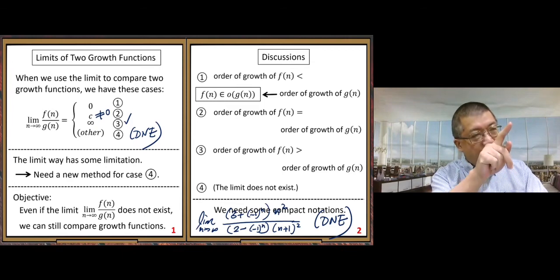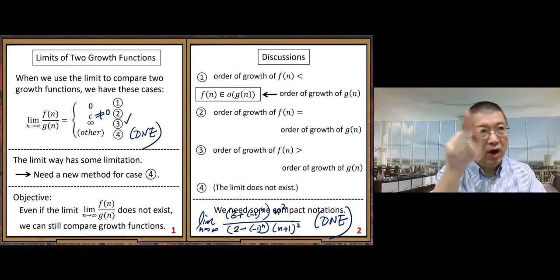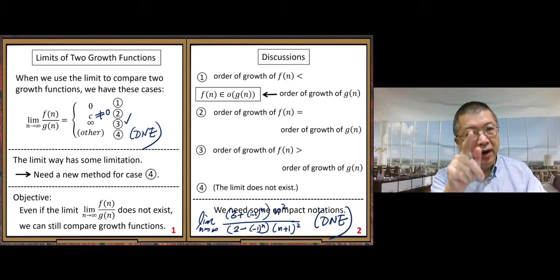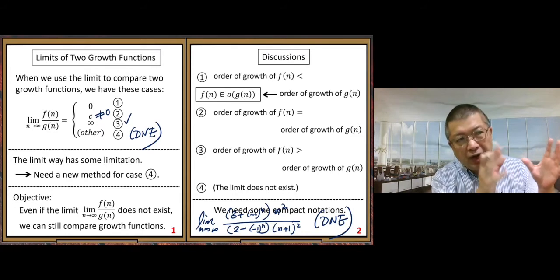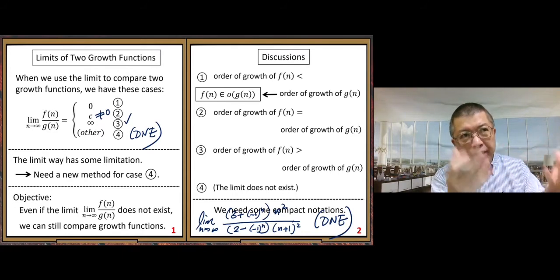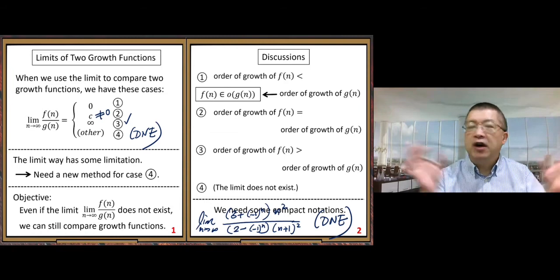If we get case 1, we can use this notation: f of n belongs to little o of g of n. Little o of g of n, we can treat it as a set of functions, a set of functions.